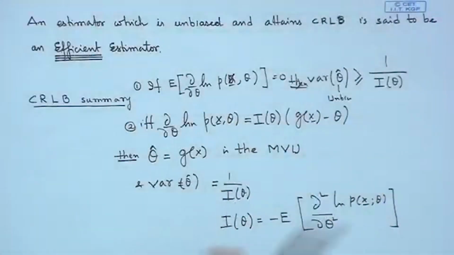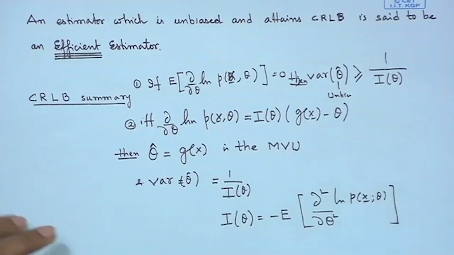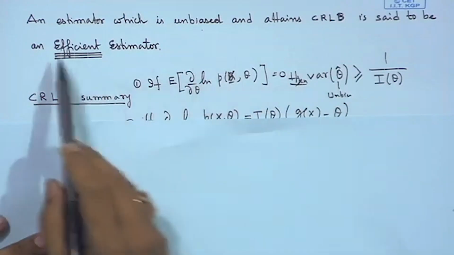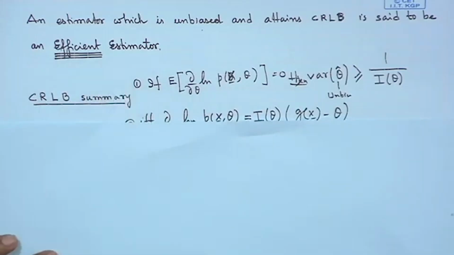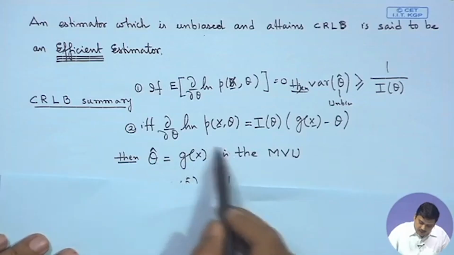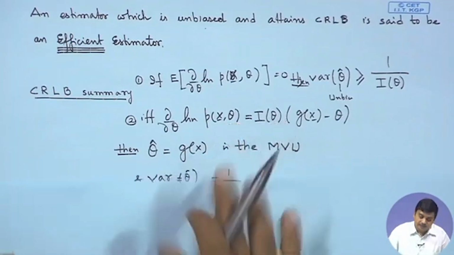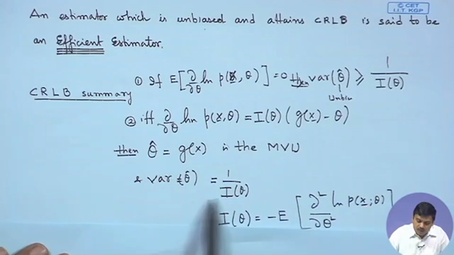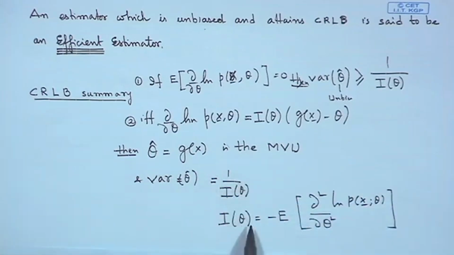Just to summarize, an estimator which is unbiased and attains the Cramer-Rao lower bound is said to be an efficient estimator, because you can find the estimator directly, and on average it will produce theta, while the variance is the minimum lower bound.